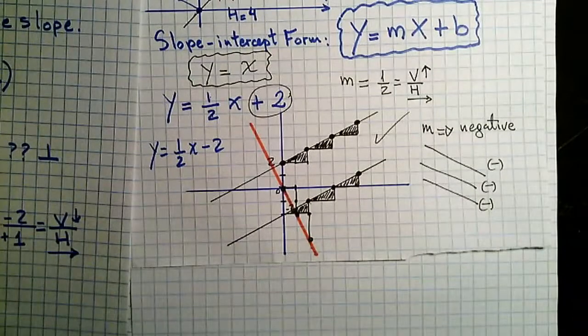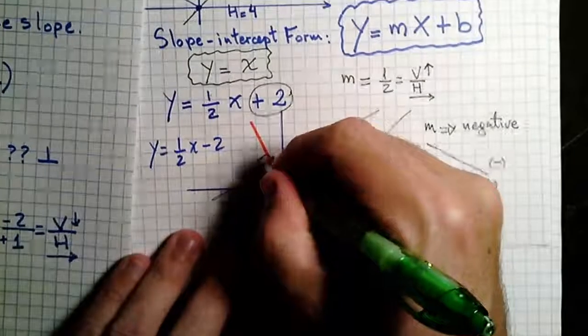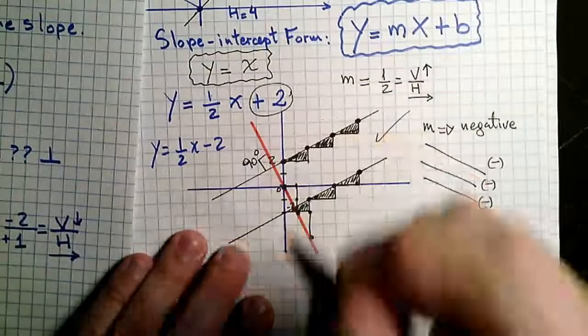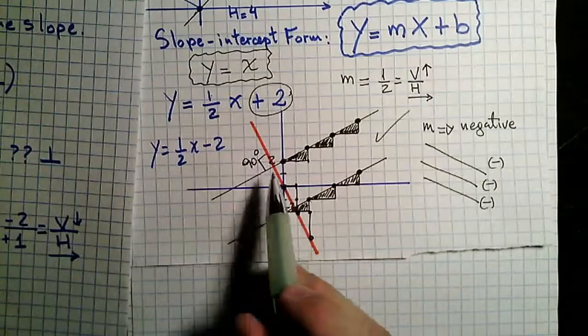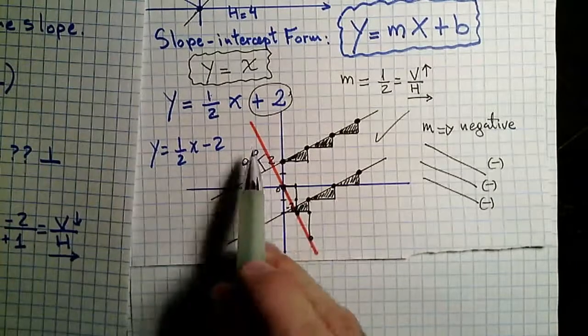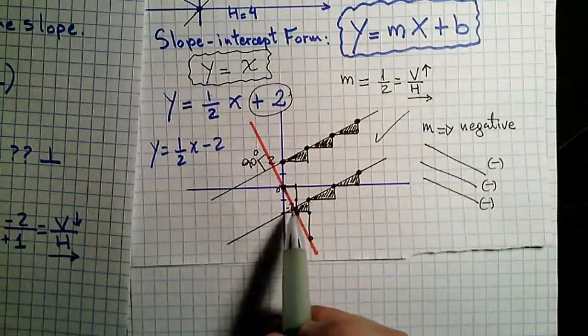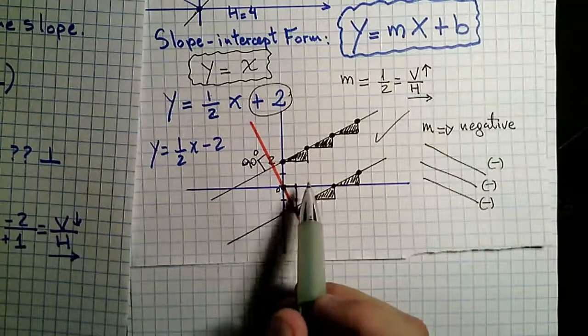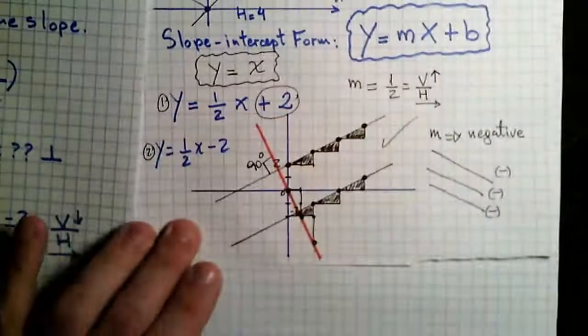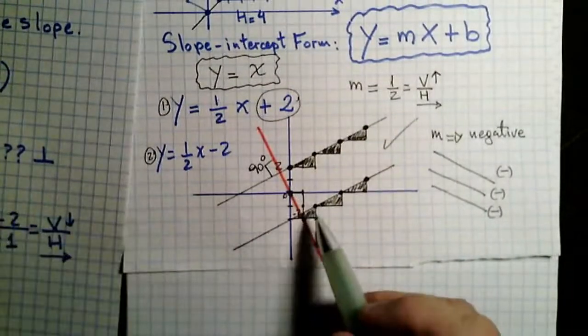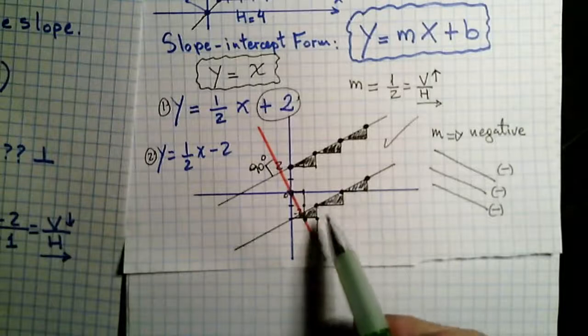Remember that it's called perpendicular because here it is going to be 90 degrees. So I did my graph and I get the perpendicular line to the previous one. This one was called number 1 and this one was called number 2. So I have a perpendicular line to number 1 and number 2.